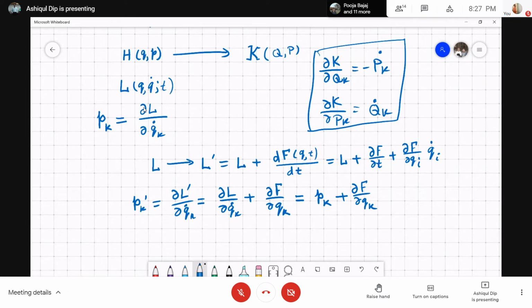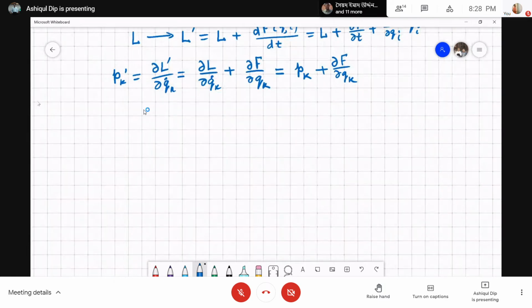Our definition of Lagrangian is not unique, and so the definition of momenta is not unique either. If you tweak your Lagrangian, your momentum is already tweaked.